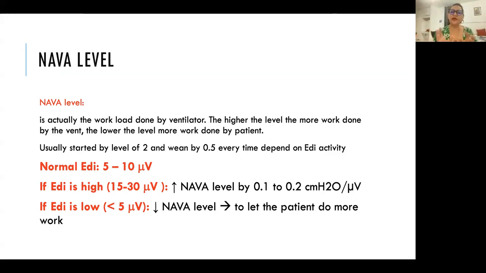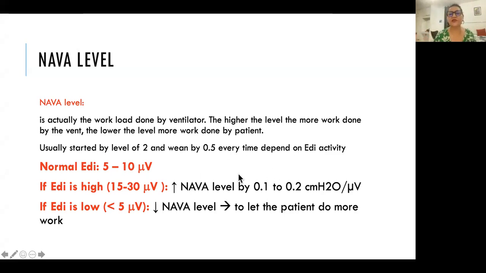Normally, as we know, EDI activity is 5 to 10. However, if your EDI activity is very high, like 15 to 30, that means your baby is trying, knowing that his lung is not okay, and the diaphragm is trying to generate more electrical activity to generate more pressure. So that means your NAVA level should be higher than this.